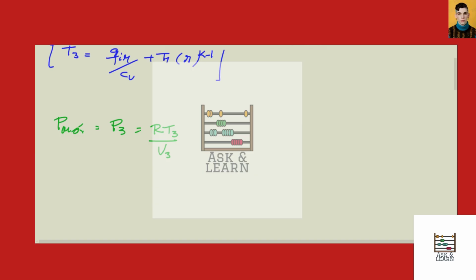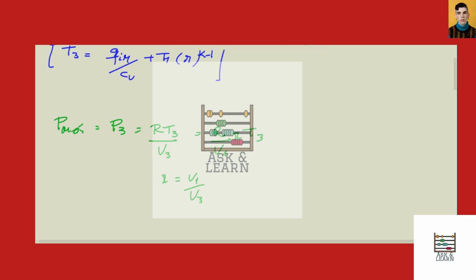Okay? Well, we can use the relation between the compression ratio and say that the compression ratio r is just V1 divided by V3. Therefore, what we have here is R divided by V1 multiplied by the compression ratio that multiplies the temperature 3.